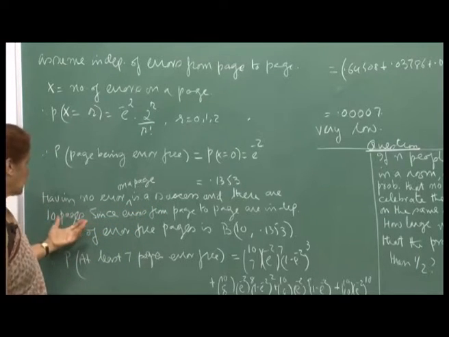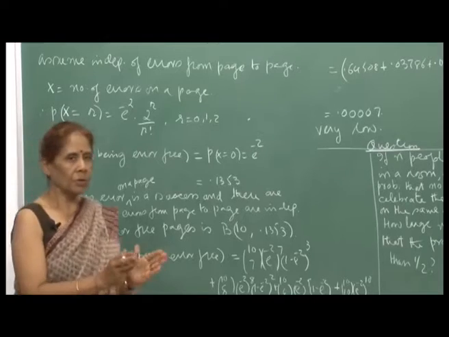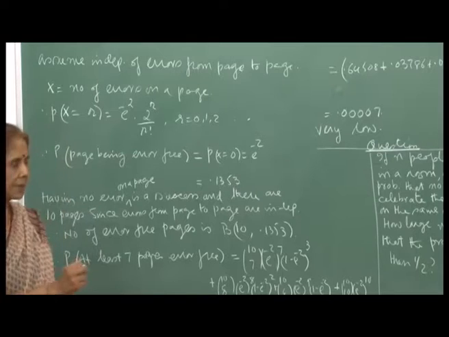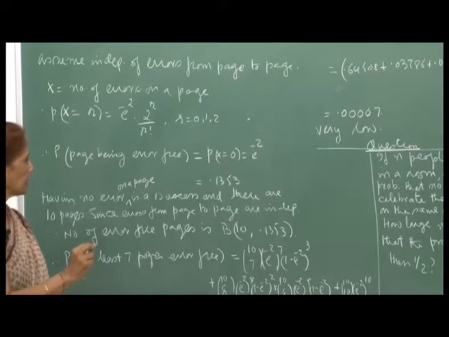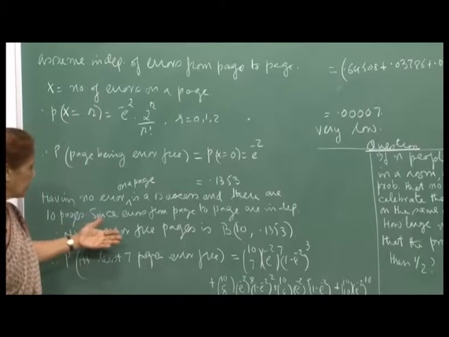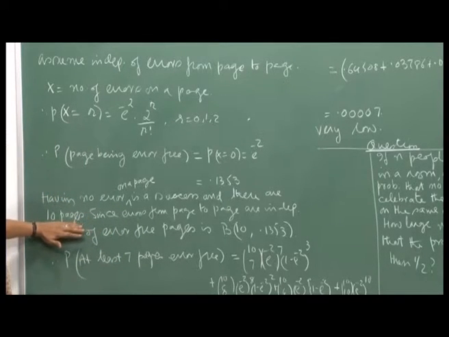Since we are looking at 10 pages, I will consider scanning every page as a trial of the experiment. If there is no error on the page, then that will be a success. So, this situation is ideal for a binomial random variable. Since the errors from page to page are independent, I will treat this as 10 independent trials, and if a page turns out to be error free, that is a success. What is the probability of a page being error free?